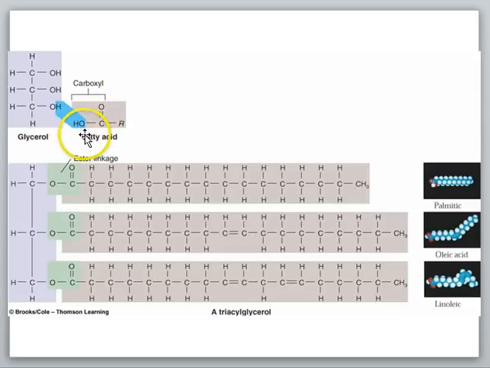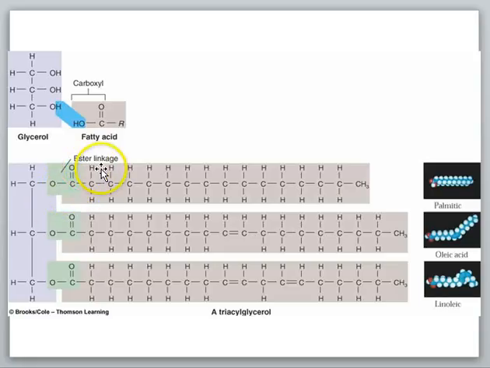Here we're going to pull off a hydrogen and an OH group, and that's going to connect these. Okay, so that leaves us with carbon, oxygen, and then this carbonyl group right here.